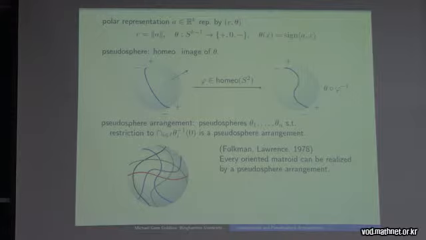But now, rather than looking at these pseudospheres, I want to look at the space of pseudospheres. But I'm kind of missing something. Pseudosphere arrangements are missing something from vector configurations, and that is that they don't have the weights, and they don't have the r.